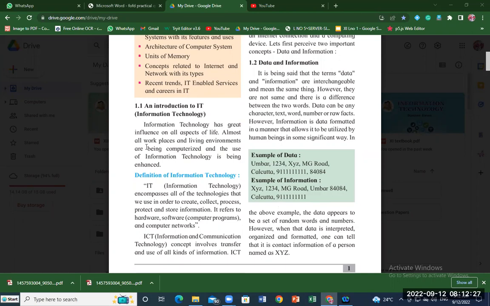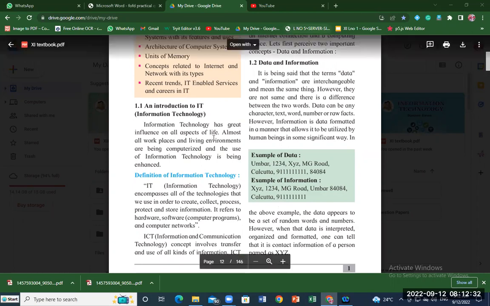Information technology has great influence on all aspects of life, correct? If you just see a small boy or a baby, they also need the mobile in their hands while eating, then teenagers need it, school-going students need it. The elder ones also like handling mobiles, correct? So any aspect of life you take, you are using IT there in some way, correct?